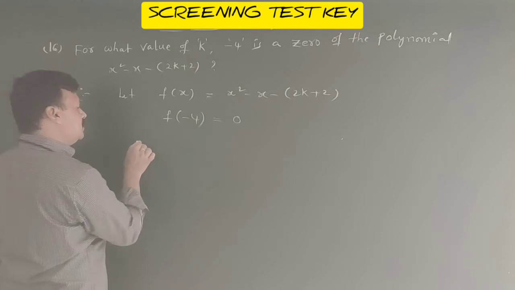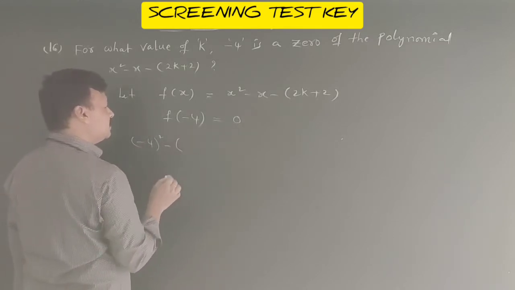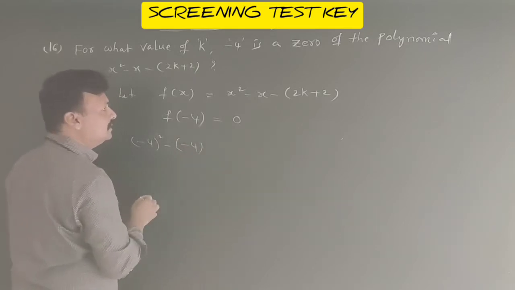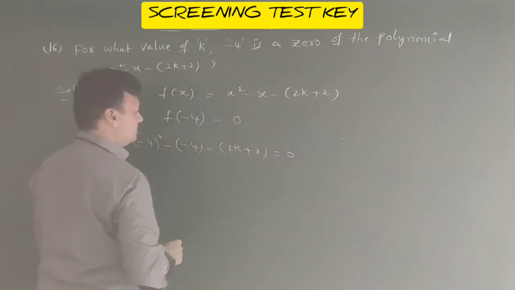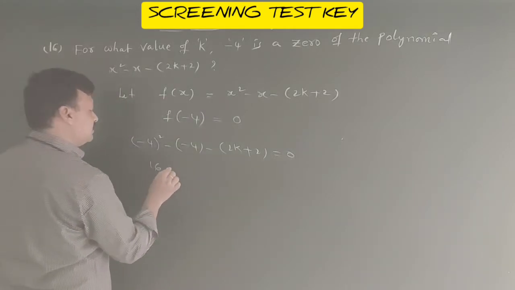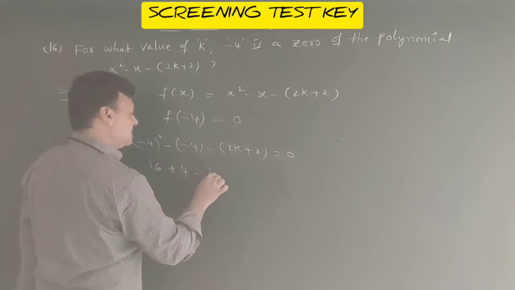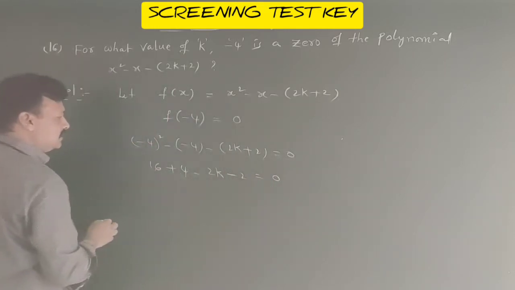If you substitute, minus 4 whole square minus of minus 4 minus 2k plus 2 equal to 0. Here minus 4 whole square is 16, minus and minus plus 4, here minus 2k minus 2 equal to 0.